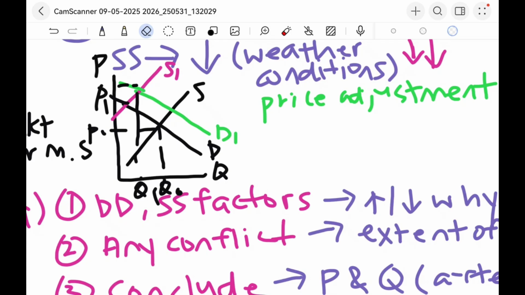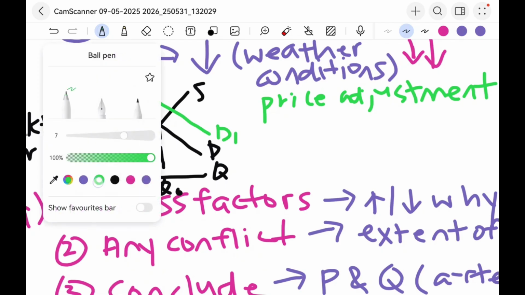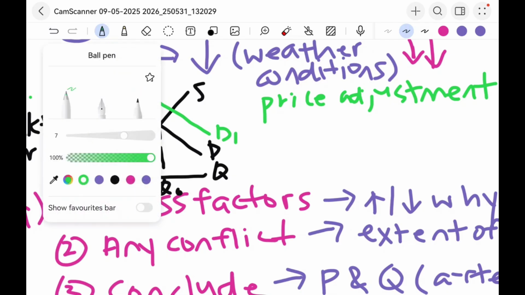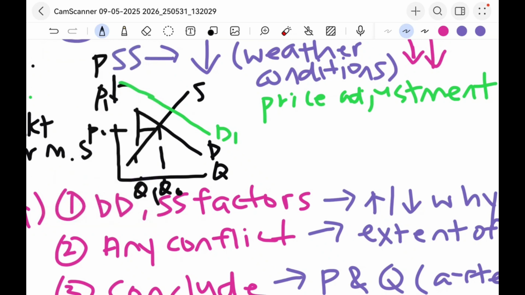Let me adjust this a little bit. So my supply should look like that. My demand I keep. It's a little bit disjoint. Then maybe my demand needs to shift even lesser.